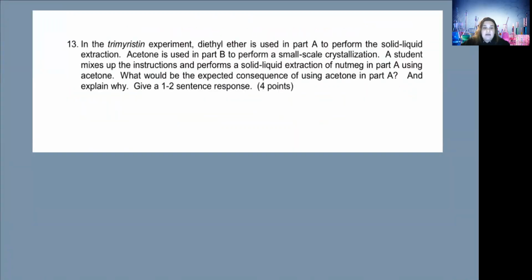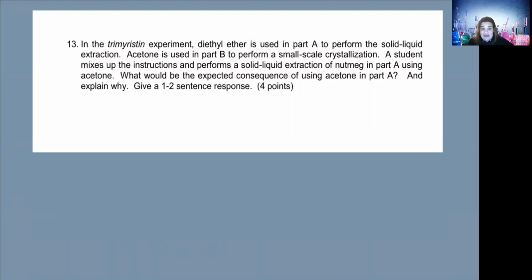So what is the likelihood that trimyristin will separate from nutmeg if we used acetone? Very slim, right? Because acetone's polarity is huge. Now, when we use acetone in the small scale crystallization, it doesn't really remove the trimyristin. Don't we use acetone to remove the other impurities in nutmeg?